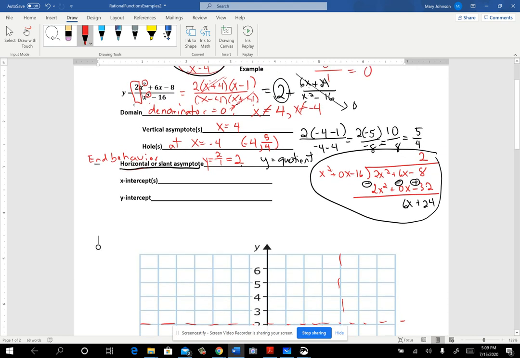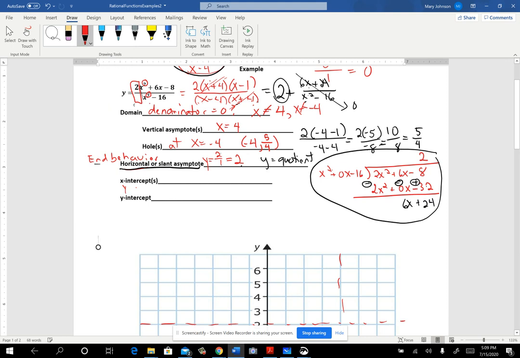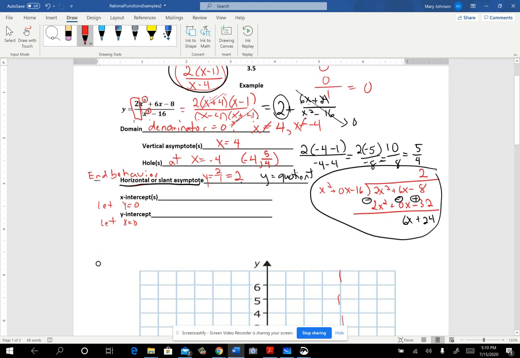Okay, and then x and y intercepts are old business. An x-intercept is when y equals 0, and a y-intercept, you let x equal 0, and then you just work it out. Okay, so if you think about letting y equal 0, you're trying to get the whole entire rational function that you started with to equal 0. And to get it to equal 0, the numerator would have to be 0.